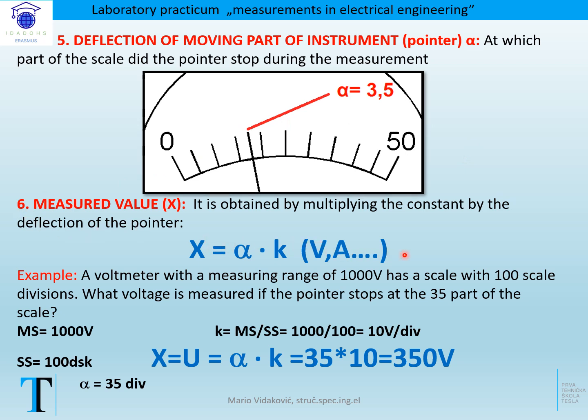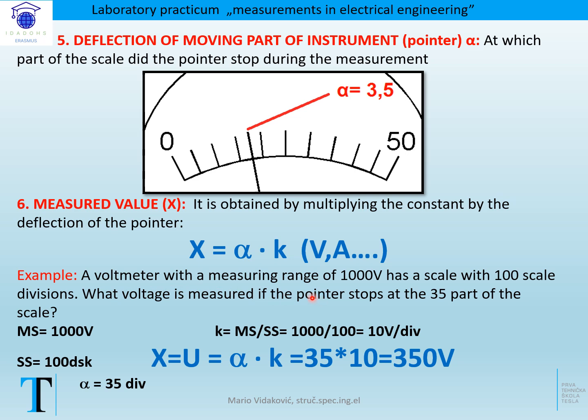It is obtained by multiplying the constant by the deflection of the pointer. That means x, or any other value we are measuring, voltage U or current I, equals alpha multiplied by K, the constant.